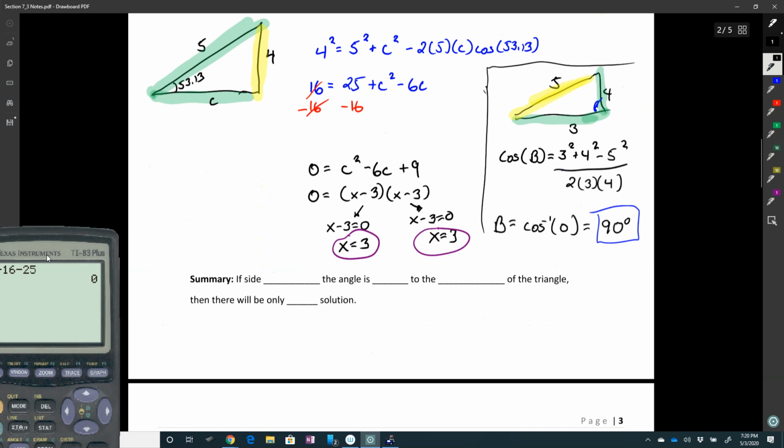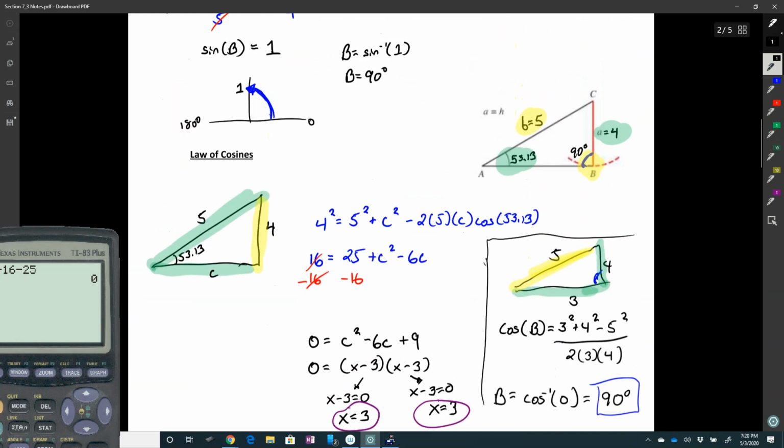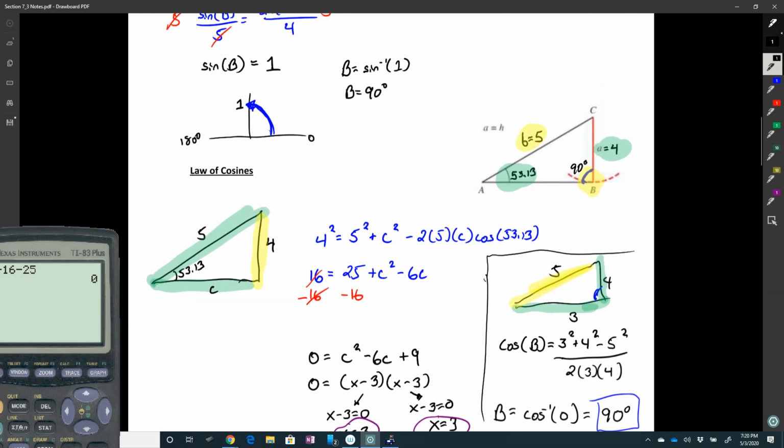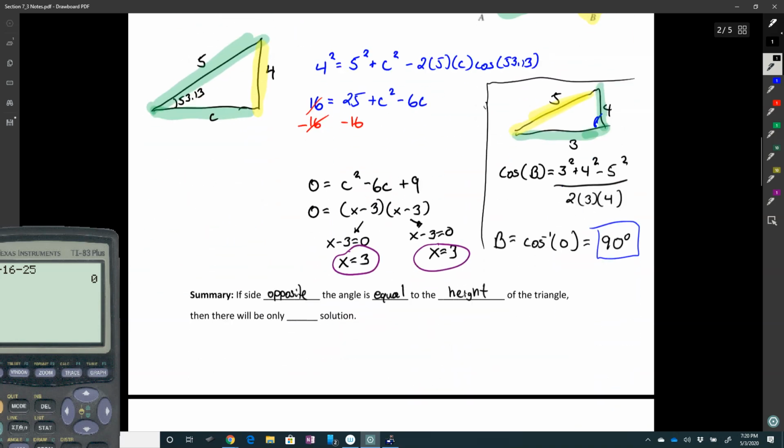So the summary here is if the side opposite the angle is equal to the height of the triangle, then there will only be one solution.